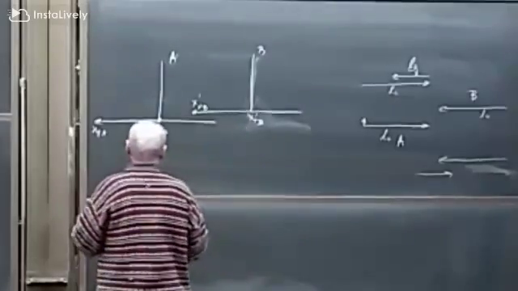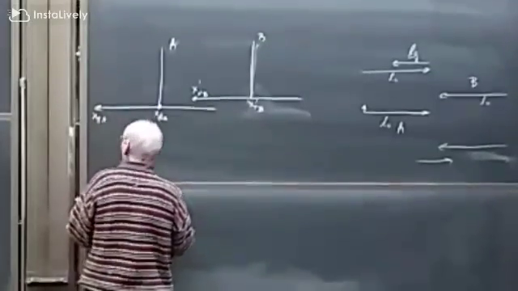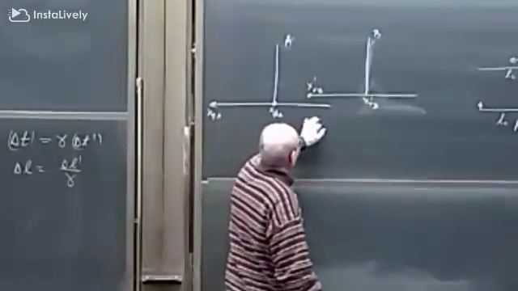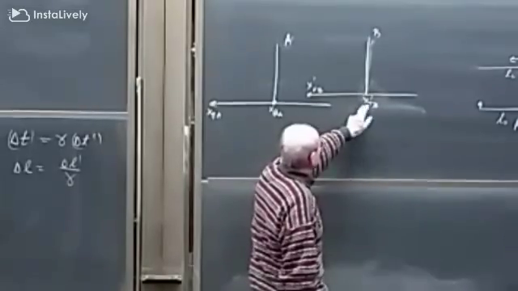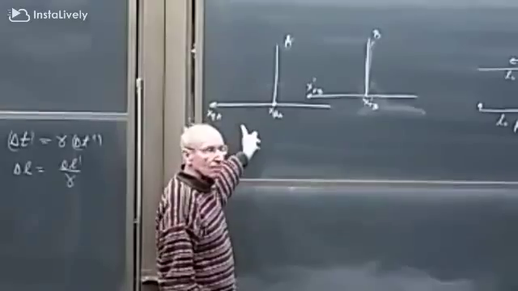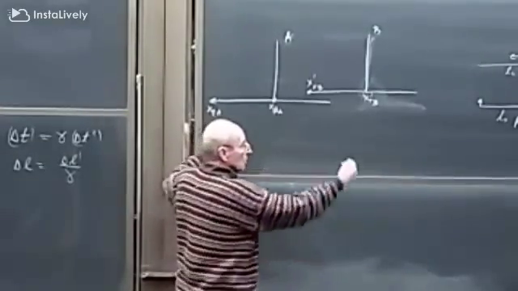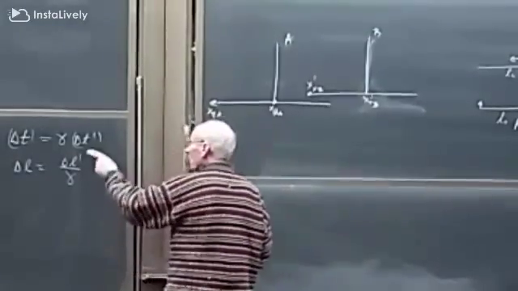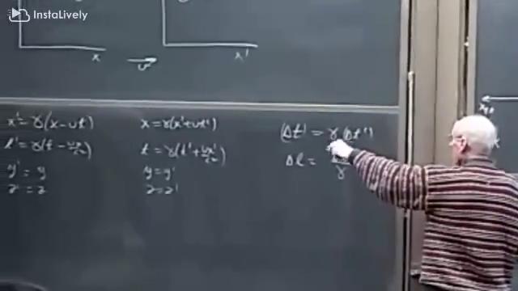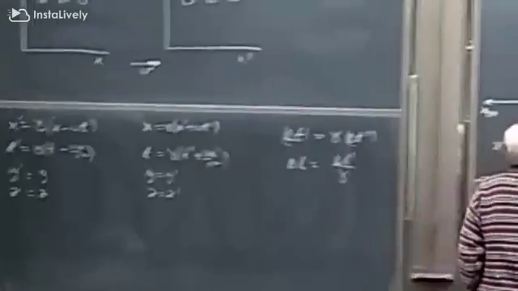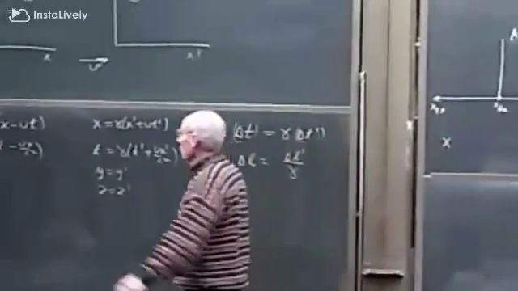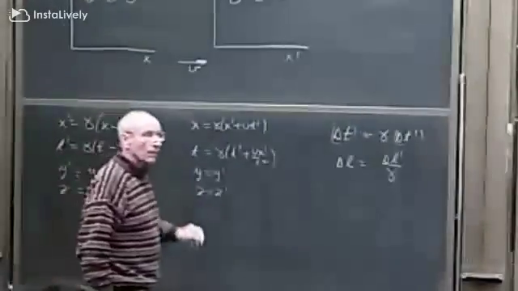Okay. Now, what are the transformation relations? Well, in this situation, B is moving in the negative x direction, as seen from S, because the ships are approaching. So for us, the transformation equations, let's call this the prime system. All we have to do is change the sign of v.